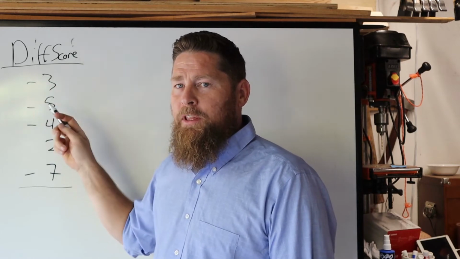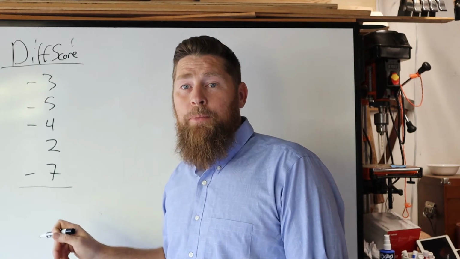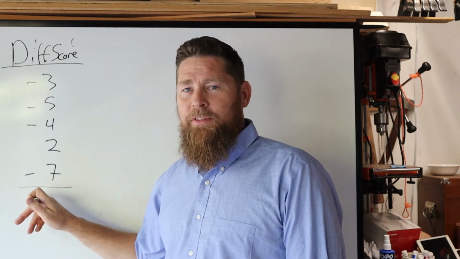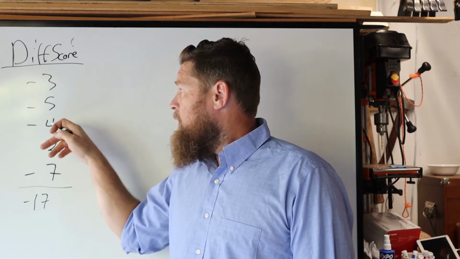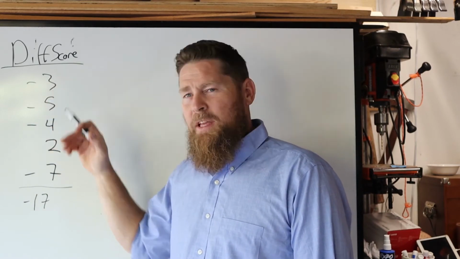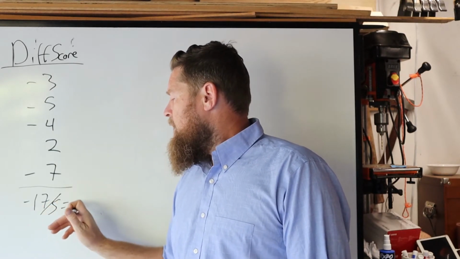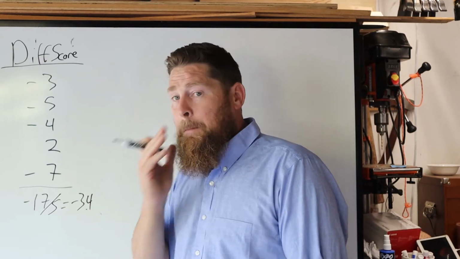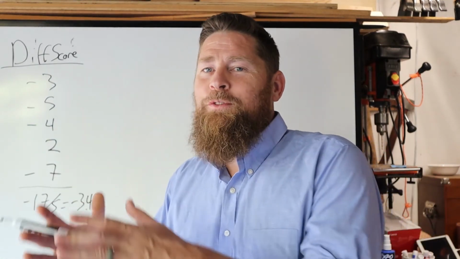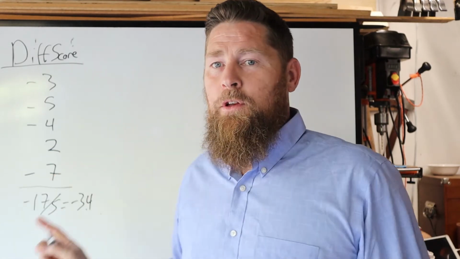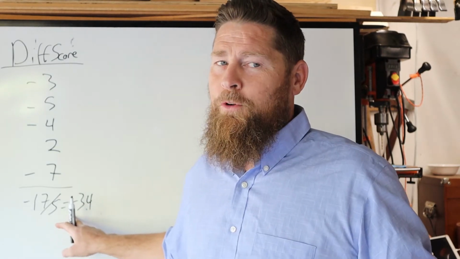When we add those all up, we get -17. You divide -17 by 5, and you get a -3.4. So our average difference score, the average amount of free throws that somebody got better, was 3.4. Even though that's a negative, they got better by 3.4.